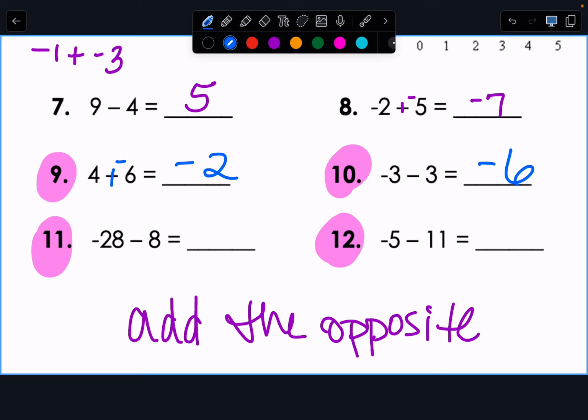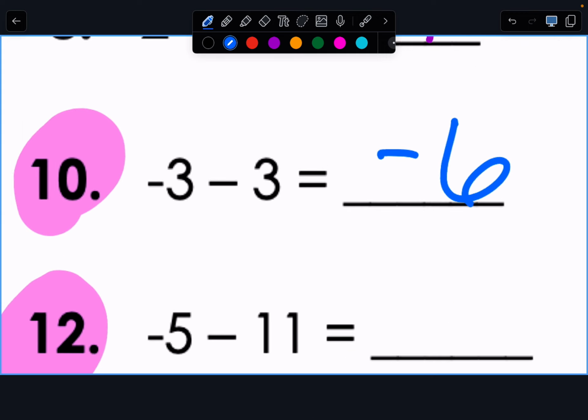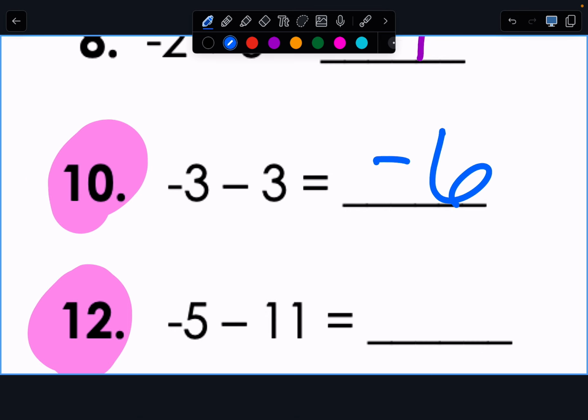And if you did, it's okay. Erase it. Let's talk about it. But when we are subtracting, we know we're adding the opposite. So I'm going to add the opposite. Change the subtraction to the plus, which means we need to change the sign of our second number. Add the opposite. Okay? -3 plus -3 is -6.